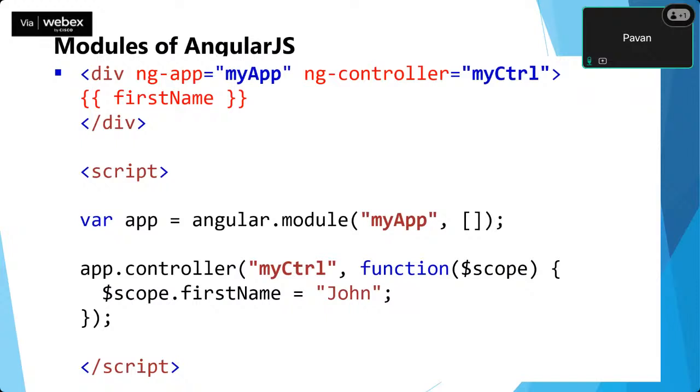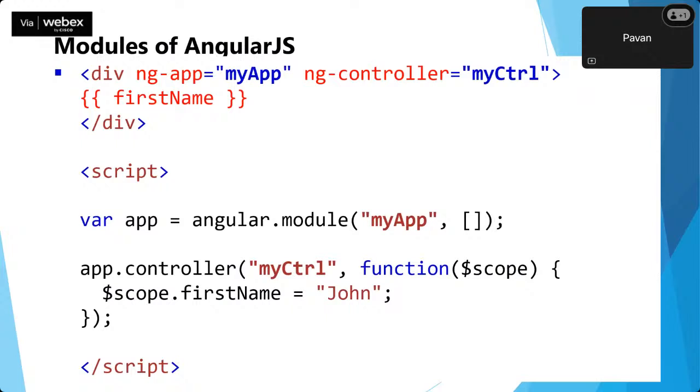Inside the curly brackets we have written $scope.firstName equals John. So first name is a variable, and to create that variable we need a predefined object, that is what? $scope.